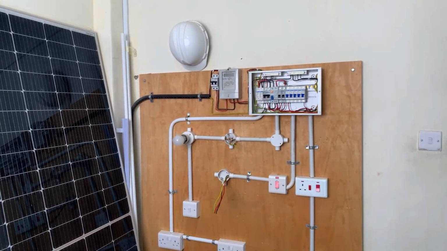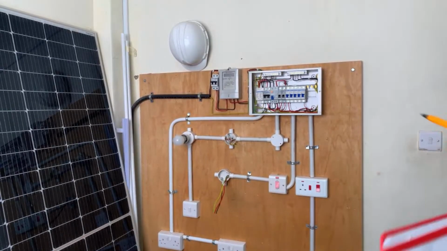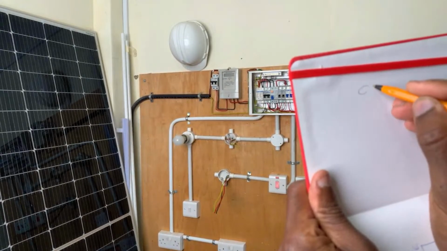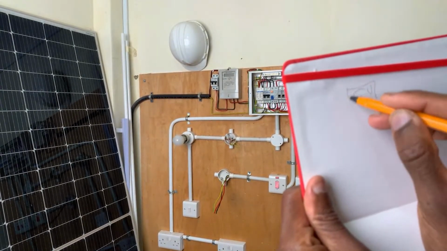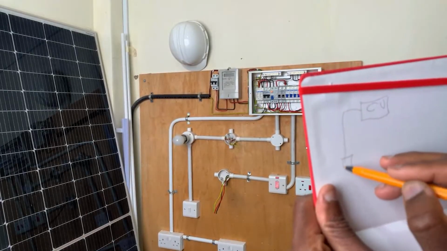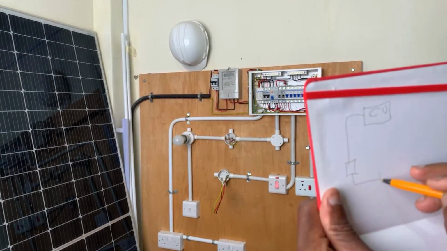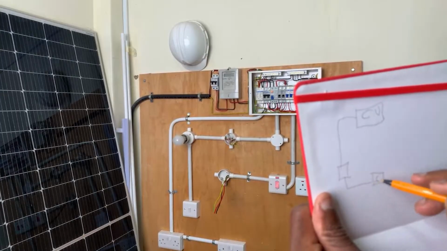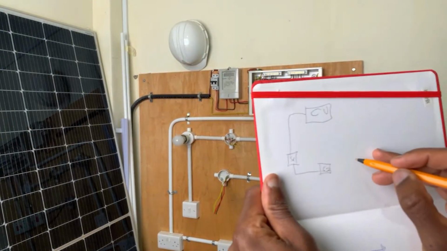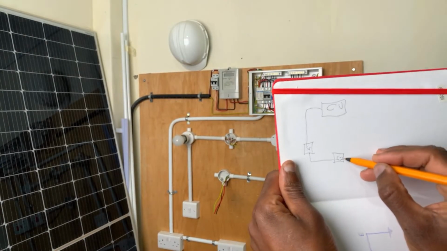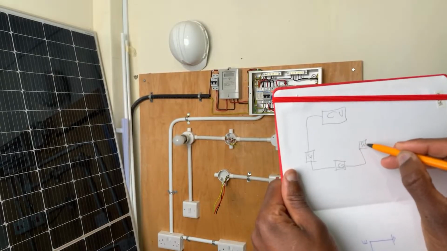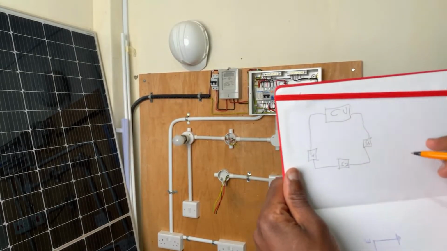So let me just show what I mean. This is the CU, and then we have the first socket at this point, then the second socket, S2, S1, and then we have S3 here, and then back to the CU.